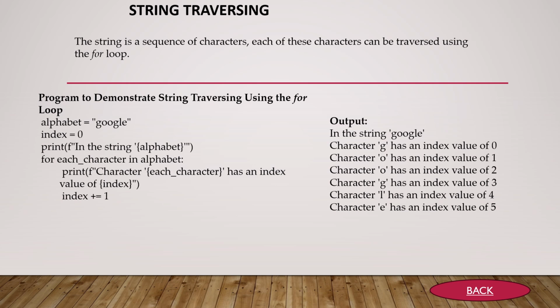Here the alphabet is equal to Google, and we set up an index to 0, and we read each and every character in the alphabet, and we can print the character along with its index, and in the next iteration we increment the index value. So likewise, every time we increment, we will get the next character in the string.